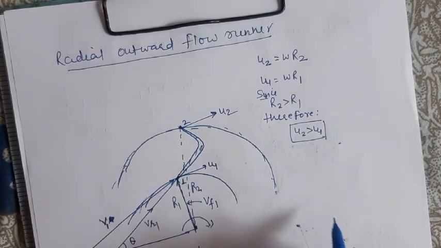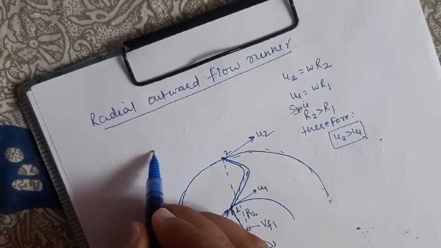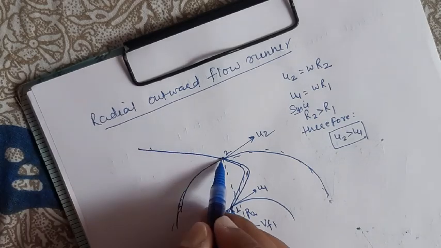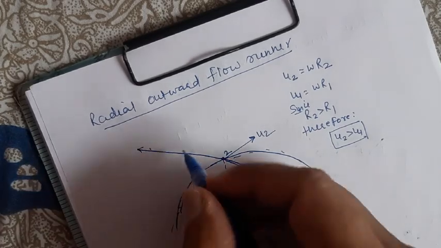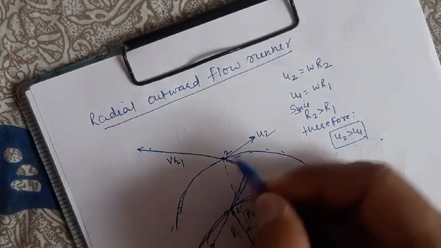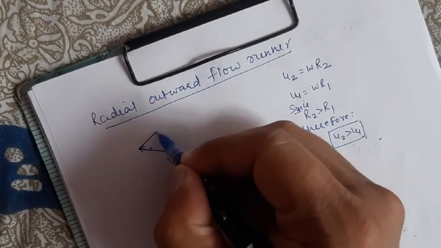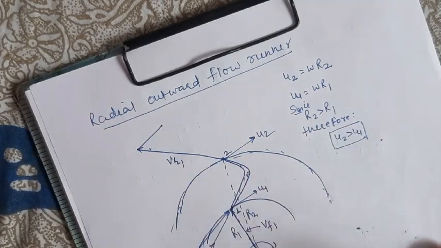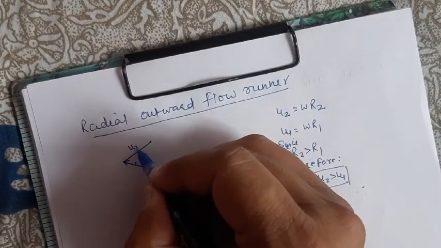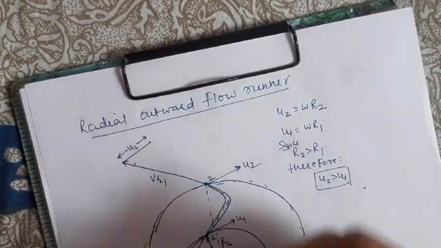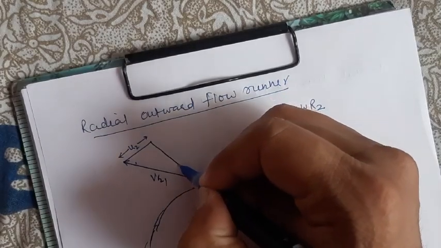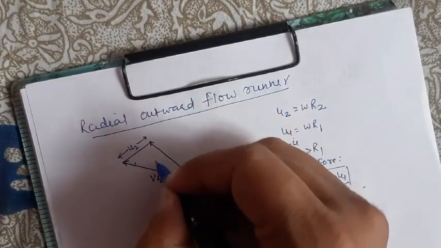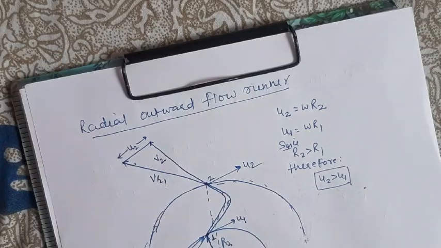Observe, the water will be leaving tangentially. So the water leaves tangentially. The relative velocity is VR2. Add U2. Now this will be V2.